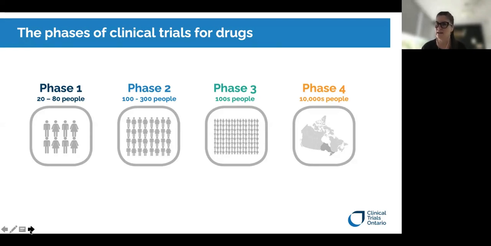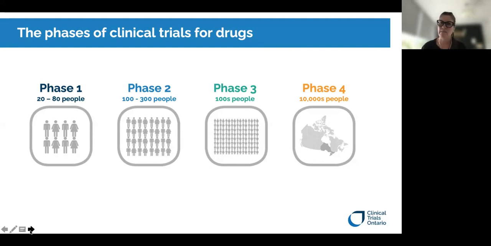Again, depending on the disease area, like if you think of vaccines, maybe it's available in tens of thousands of people at this point. And sometimes there's things that happen when interventions go into really large numbers of people that weren't seen in the other phases of the clinical trials.